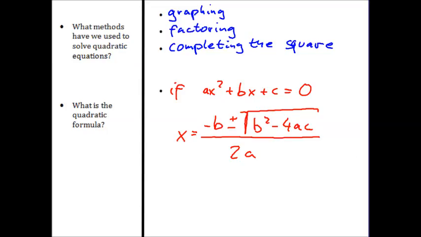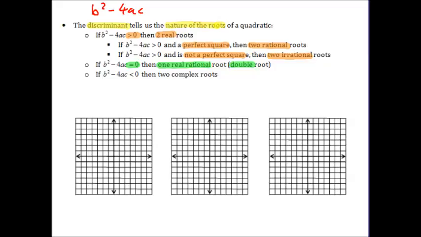B squared minus 4ac is under our square root symbol, under our radical, and it's going to be added or subtracted to the negative b in front. Well, if it's 0, then we're adding or subtracting 0, and that means we don't get two different answers. We get just one answer, and this one we call a double root. And it's going to be a real rational root.